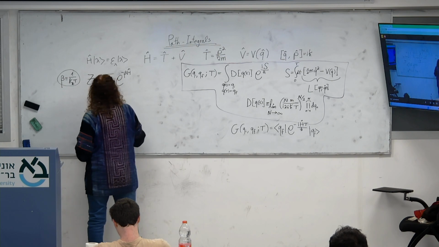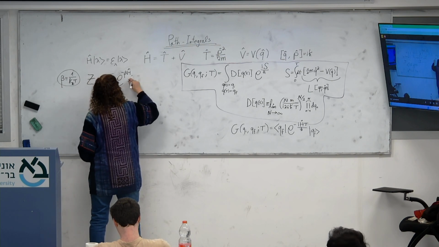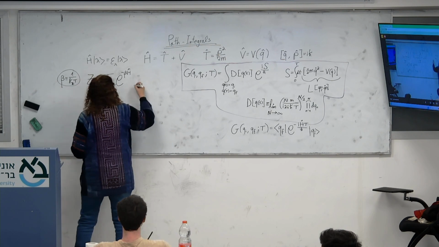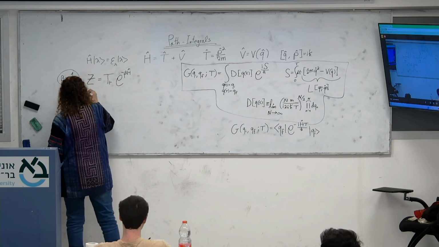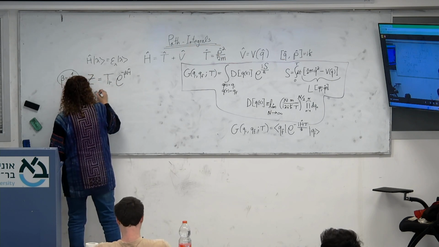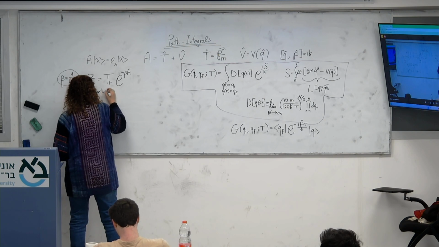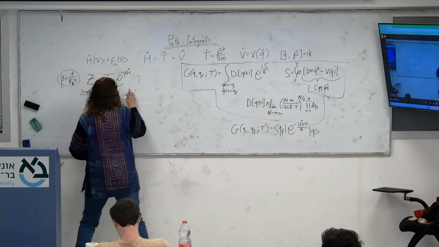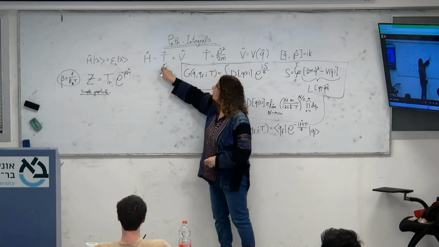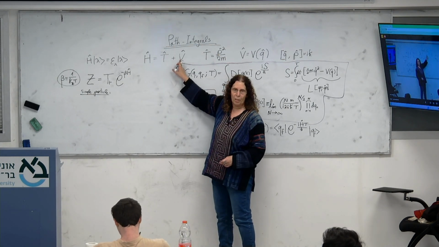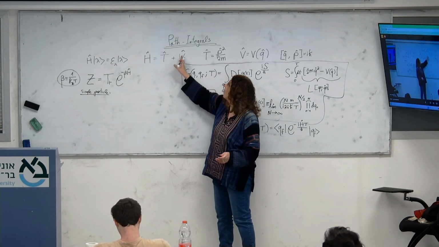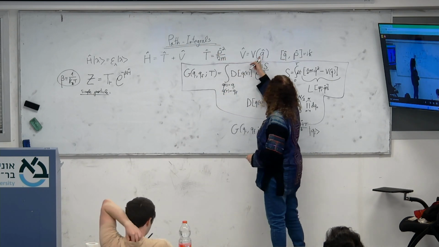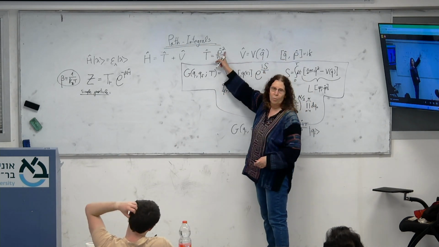Now I'm looking at a single particle, or a single degree of freedom rather, where H is exactly the same Hamiltonian we considered before, just kinetic plus potential energy. It depends on only one coordinate and its conjugate.